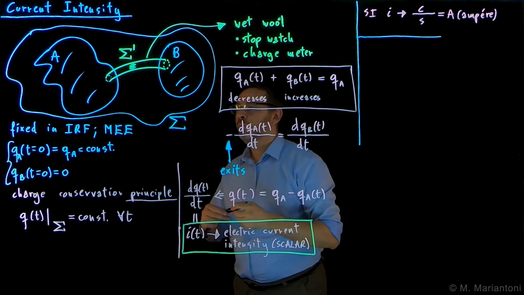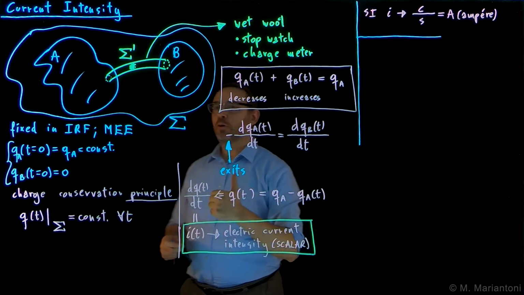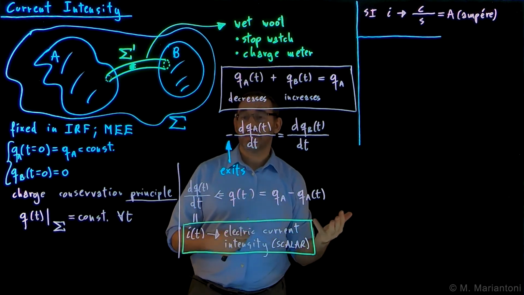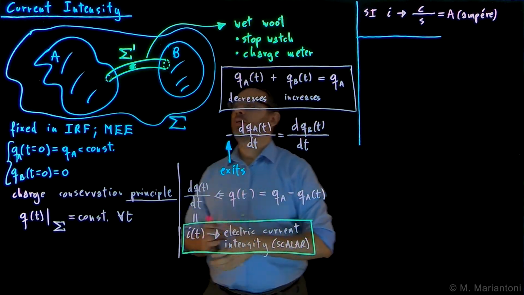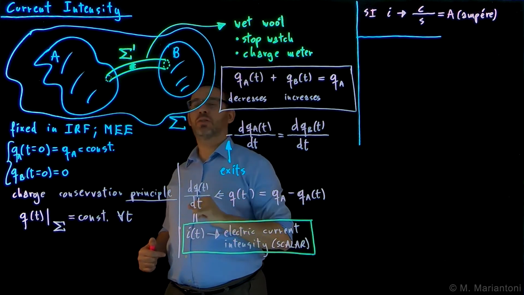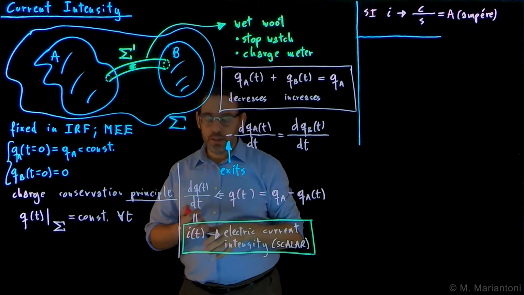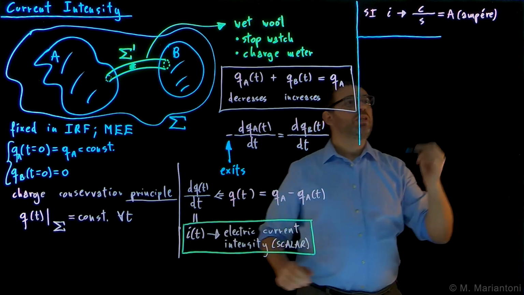In this discussion, we forgot two main concepts. First of all, the direction of reference for the current. And second, the sign of the charge that is moving across this wire between A and B. So let's make a simple table with 4 entries.